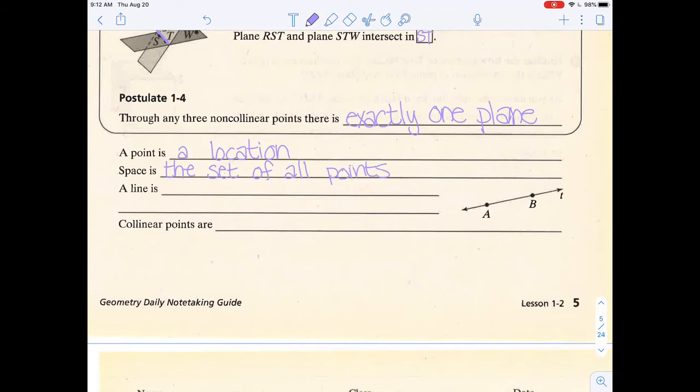A line is a series of points. So on any line, there's more than 2 points. It's just a whole bunch. You can think of a line as a whole bunch of points dotted together so closely that they form a line. It's a set of points that extends in opposite directions.